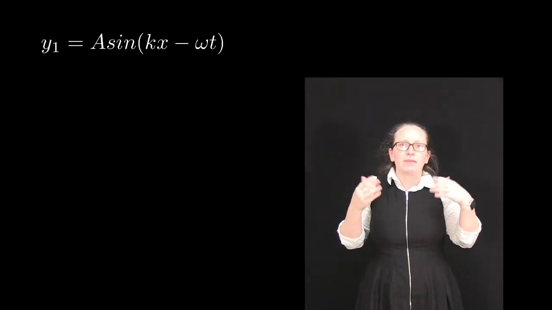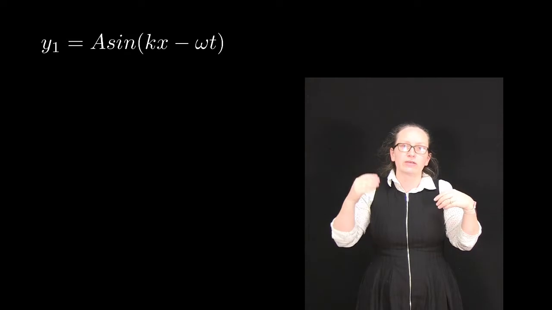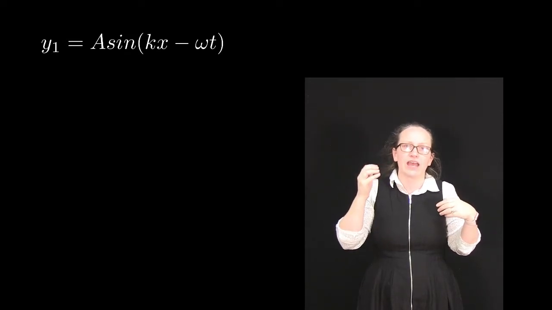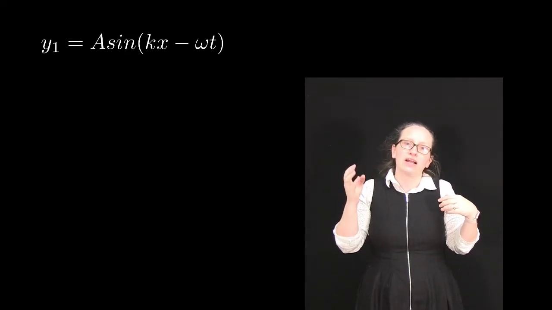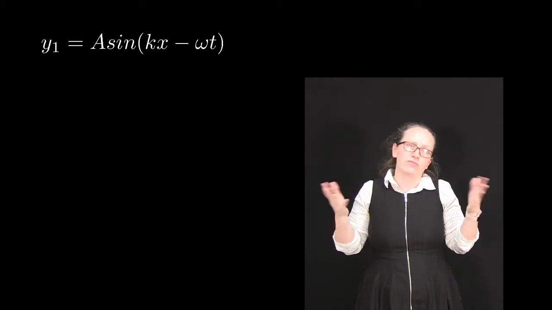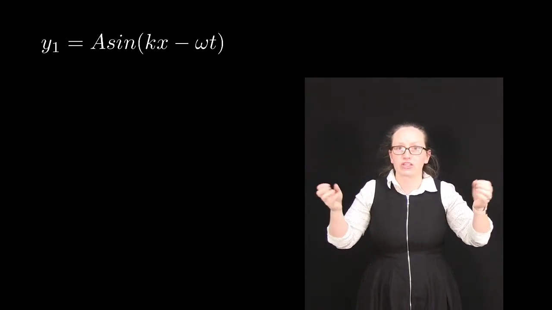So let's now mathematically consider what happens if we add together two waves which are absolutely identical in every way apart from their phase. For the first wave, we can describe it by the normal sinusoidal equation. We can say y1 is equal to A sin(kx - ωt). So it's just a wave travelling in the positive direction.